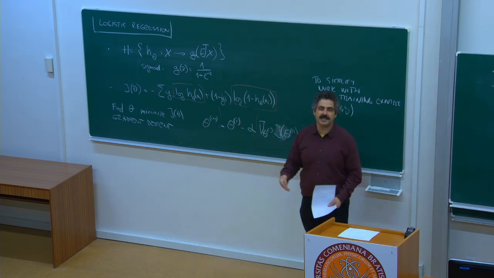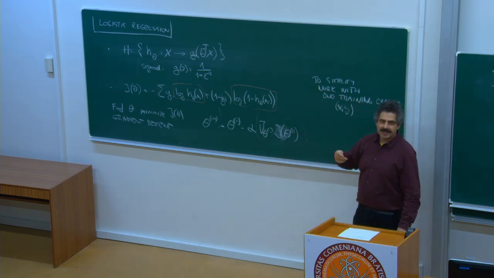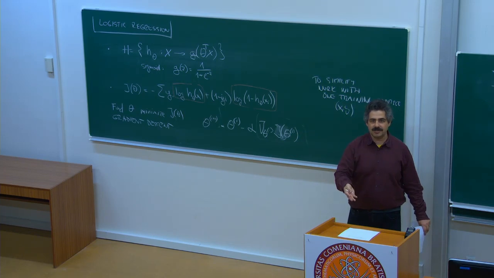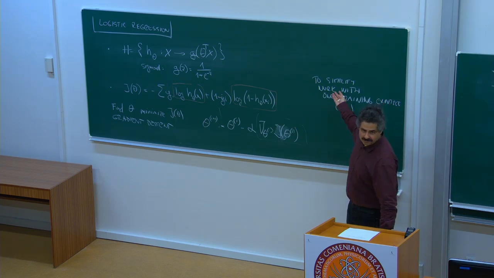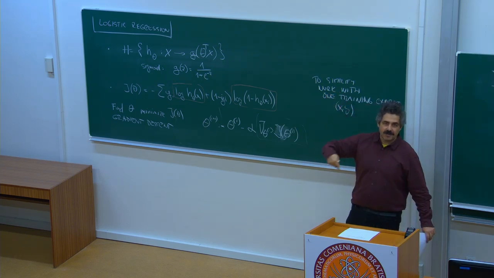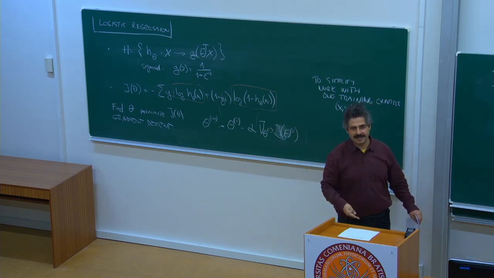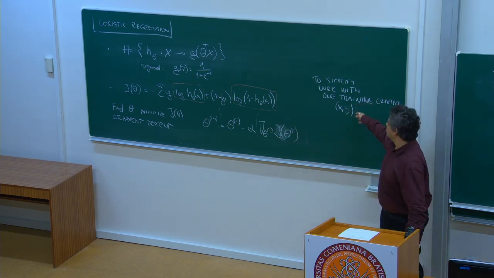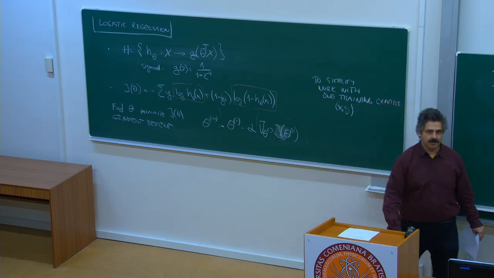Another thing is that Vlado has told you in his lecture that it usually makes more sense to do stochastic gradient descent. And stochastic gradient descent works on one example basically: you select one random example and update with that example. So this is why we are doing it with a single training example. Okay?